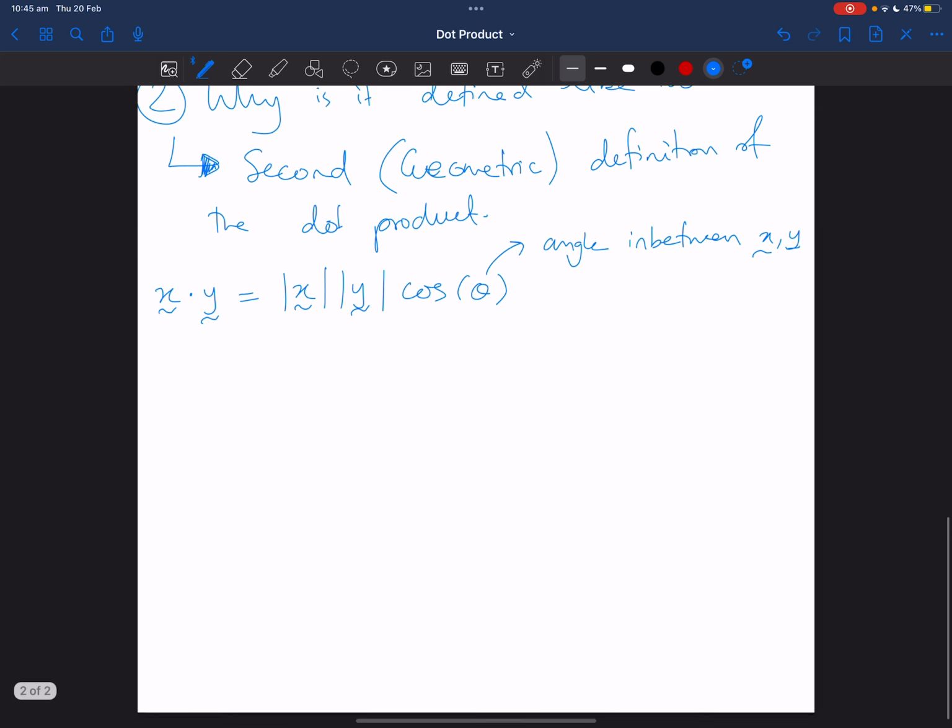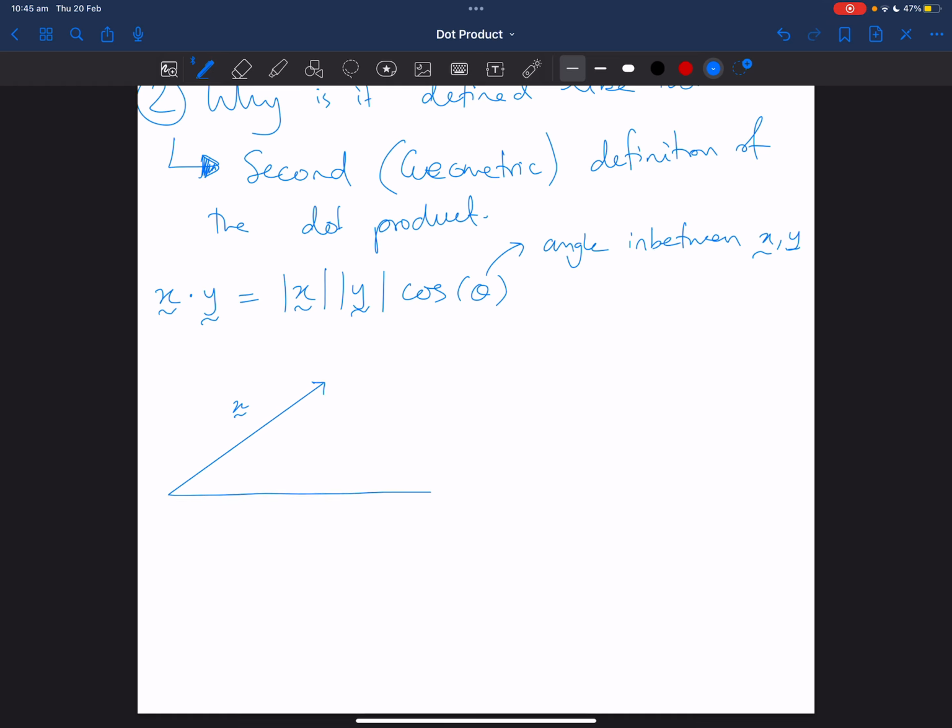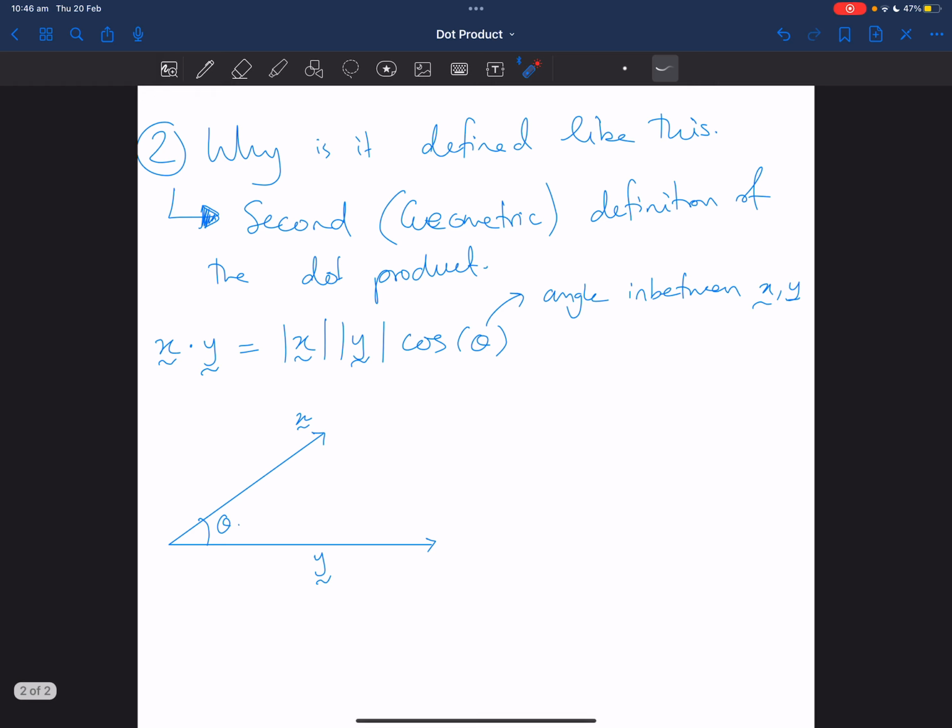As a quick drawing to help, if we have our vector x and our vector y, this is the angle theta. This is saying you can take the dot product by just taking the length of this vector and the length of this vector, multiplying them by each other, and also multiplying by cos theta.